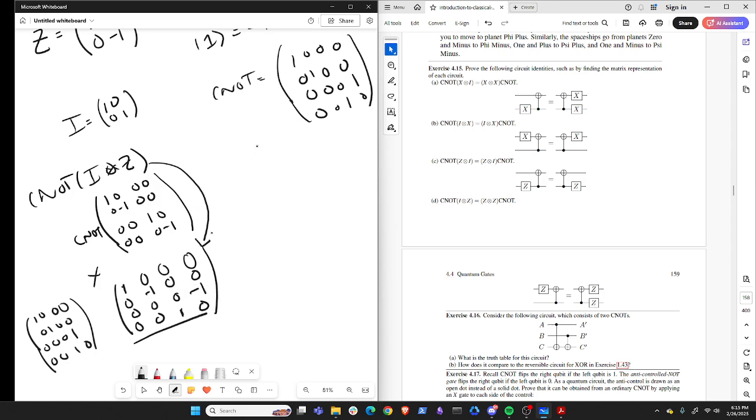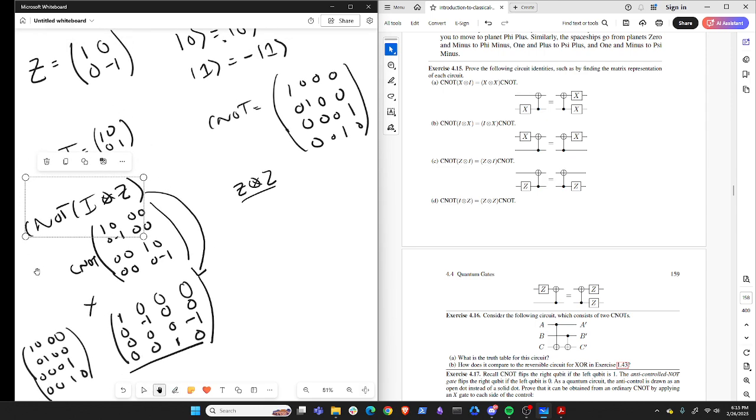Similarly over here, if we take Z, Z, that's going to be the Kronecker product of two Z matrices. So write that out as basically 1 times the Z, so 1, 0, 0, negative 1.